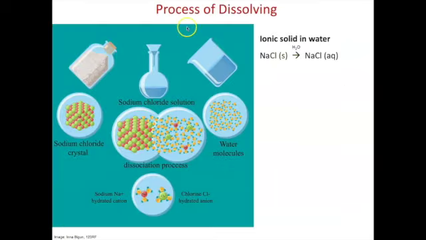This is showing the process of dissolving at the molecular level. If you start with an ionic compound like sodium chloride, this is the solid where the ions are closely packed together, they're not moving, and you can see this solid. This is in comparison to a sodium chloride solution where the ions are separated because water was added to it.